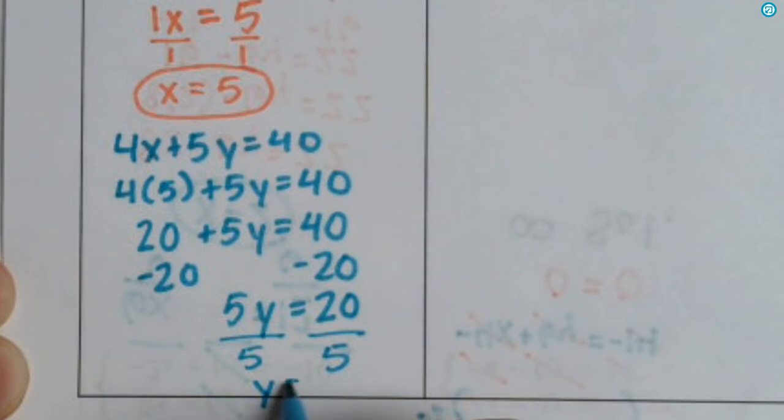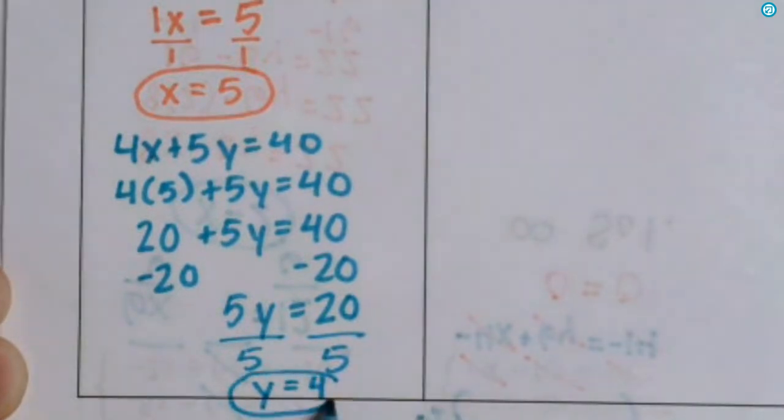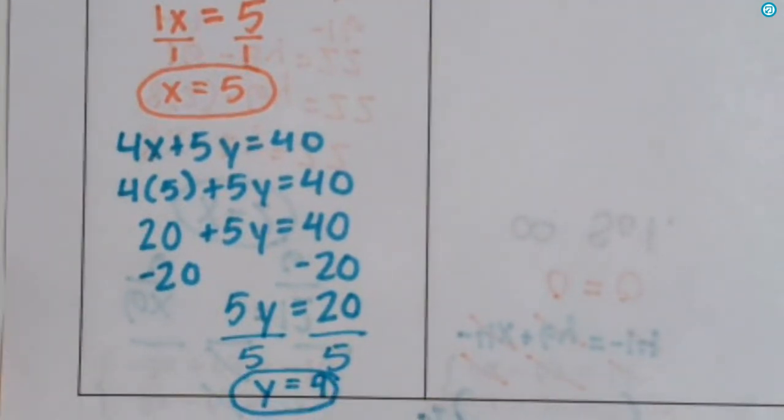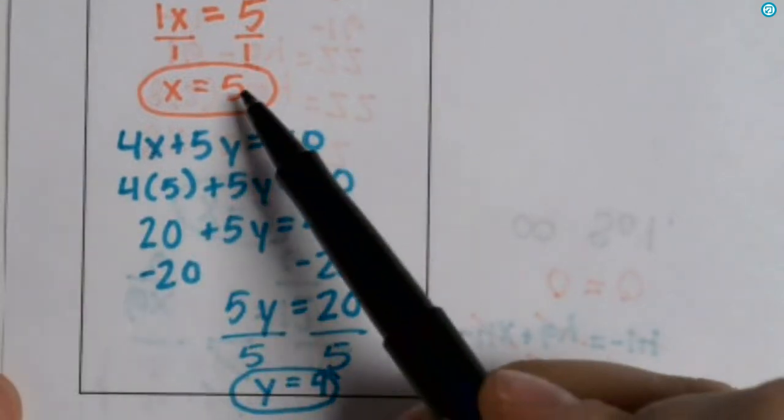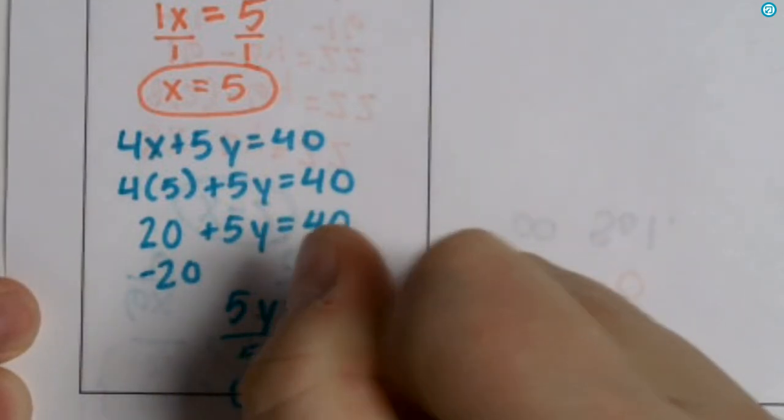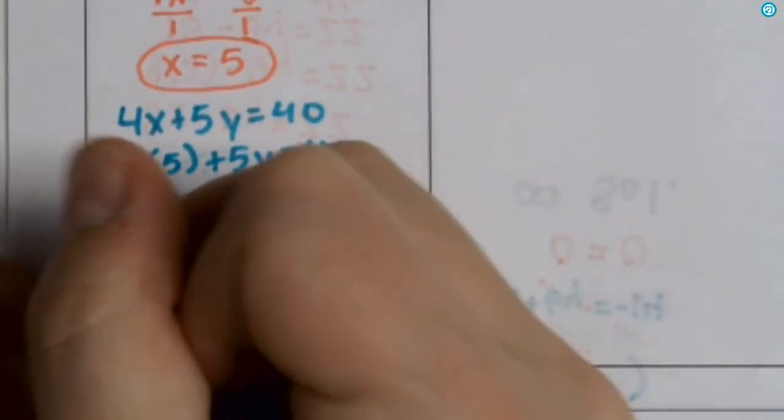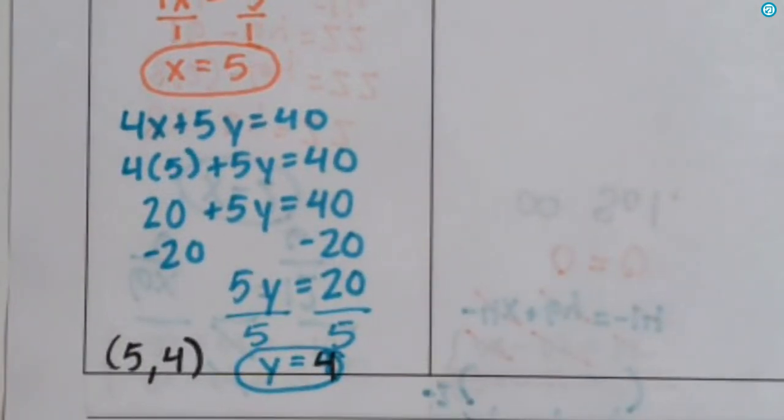And we get y equals 4. So we'll write our answer as an ordered pair, 5, 4. That's a 4. I made it look like a 9 accidentally. So 5, 4. Okay. Any questions on that one?